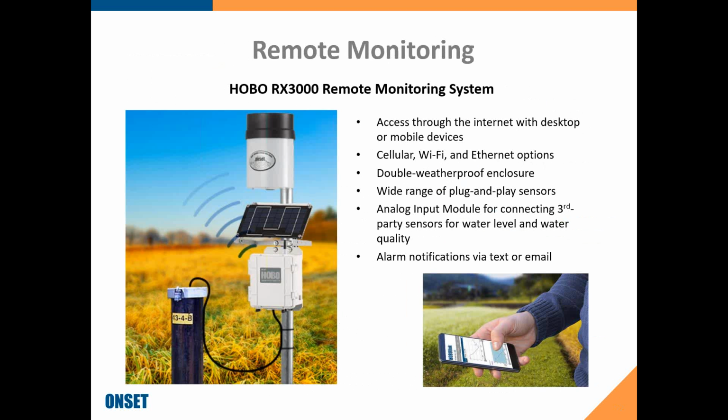And then you can be remotely monitoring those important parameters, as well as getting alarm notifications by text messages or email when critical conditions are met. So that's an option to keep in mind. It's a little bit more expensive than our standalone loggers, but if you need to have instant access to your data at any time, or if you need alarm notifications, it's a good option to keep in mind.